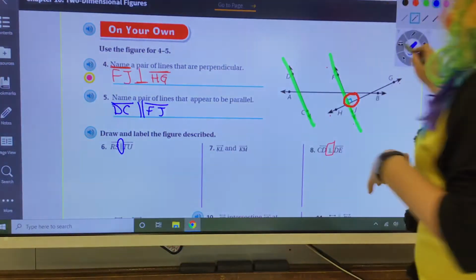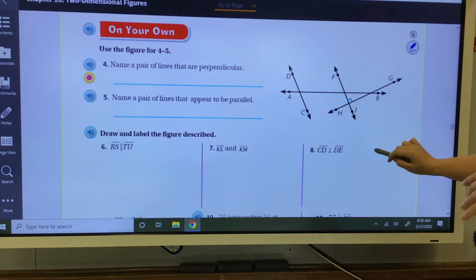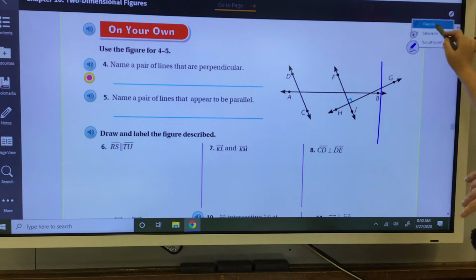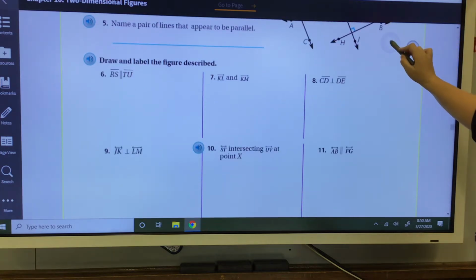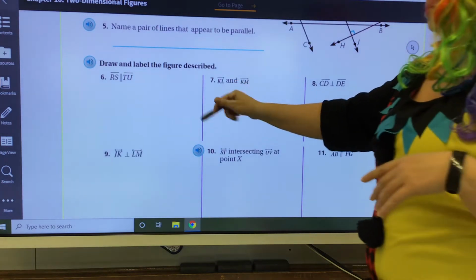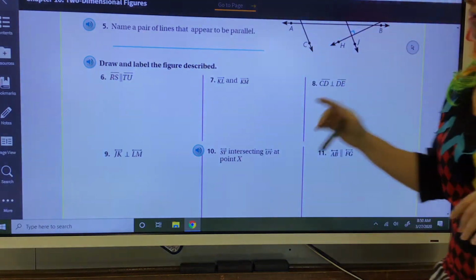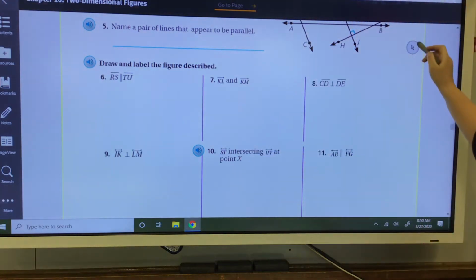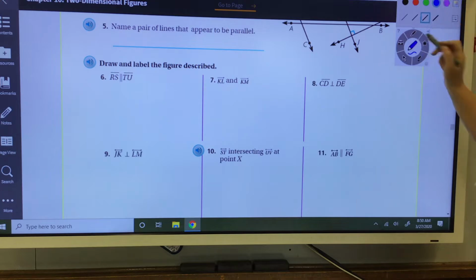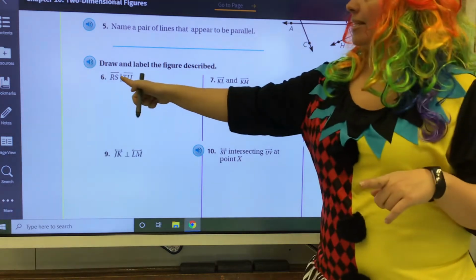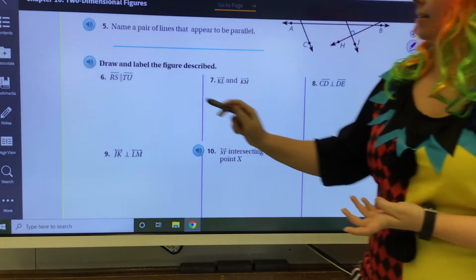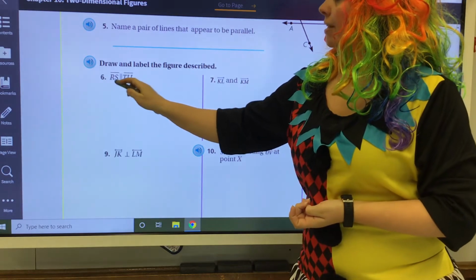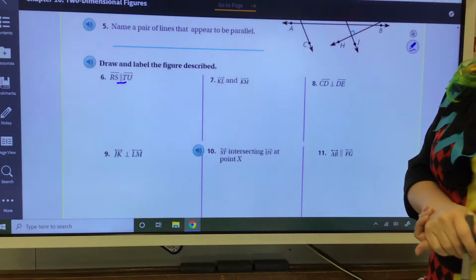All right, so let's look down at the bottom. Oopsie. They want us to draw and label the figure described. So we're not using the diagram anymore. We're reading what it's telling us, and we're drawing the picture. So the first one is line RS. It is parallel to line TU.